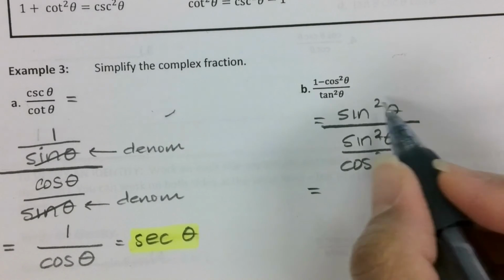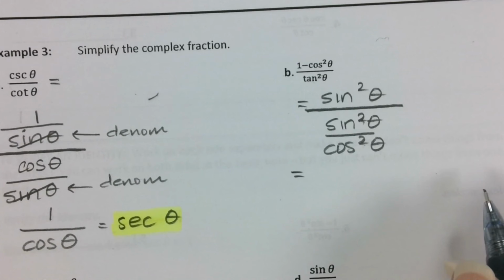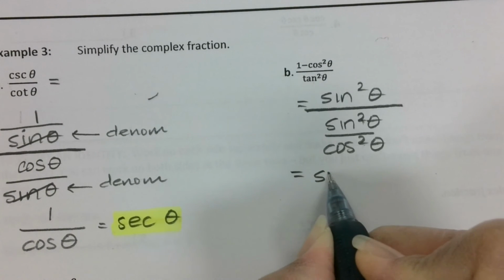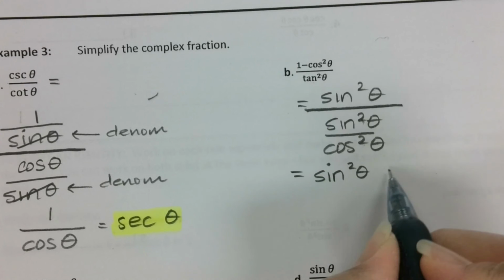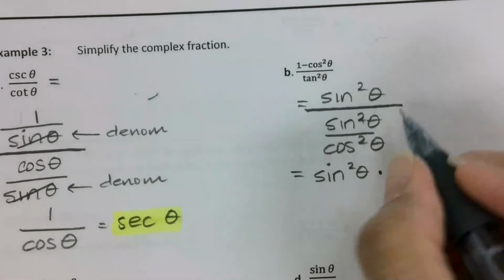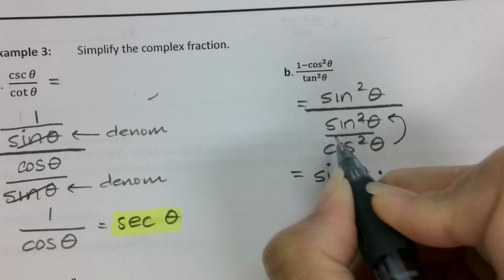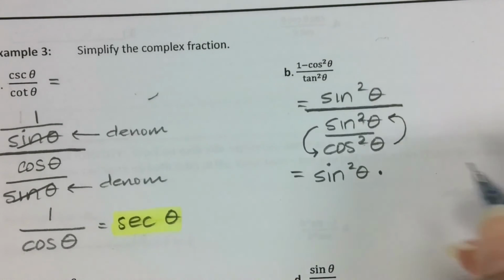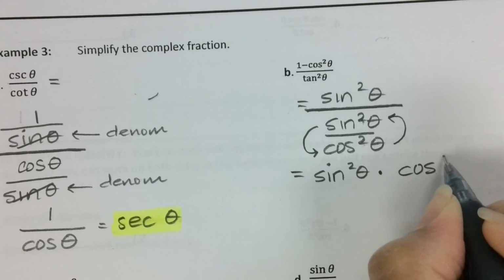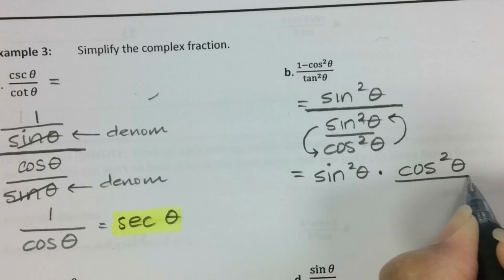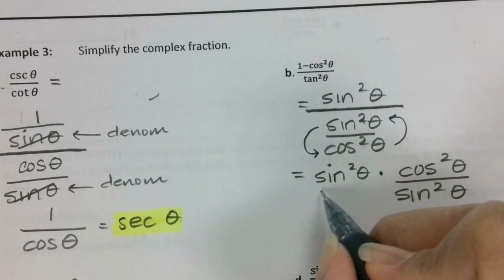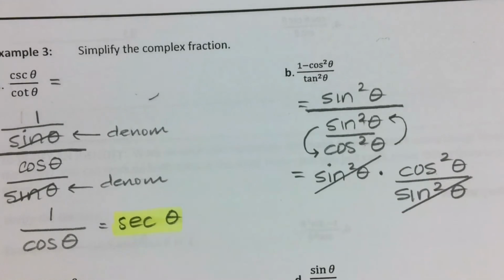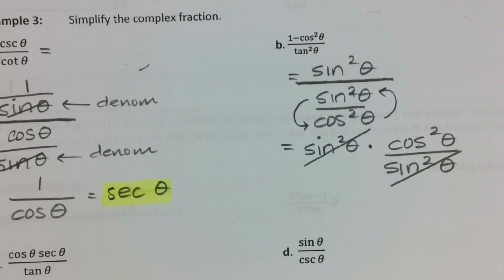So here I have a fraction that's dividing, so I need to keep it the same, change my division to multiplication, and multiply by the reciprocal. Which beautifully leads to some canceling, because that's what you're hoping to happen.